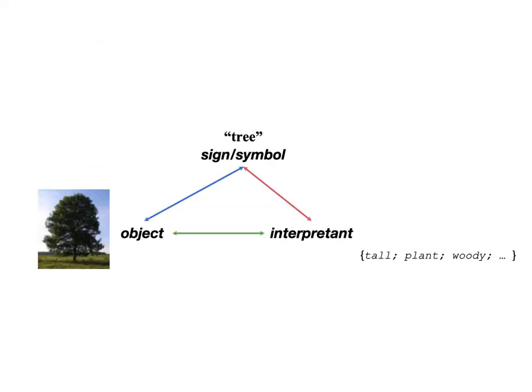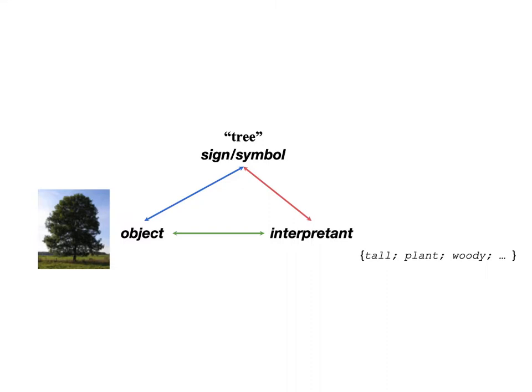So in the world, there could be a tree. There is certainly the symbol, the word tree, and then the interpretant is all the things that we can extract from this representation, such as we know that trees are more or less tall, taller than us at least. We know that they are plants. We know that they are woody.